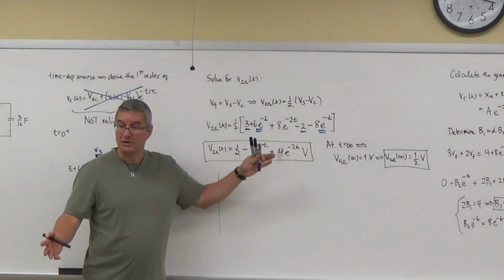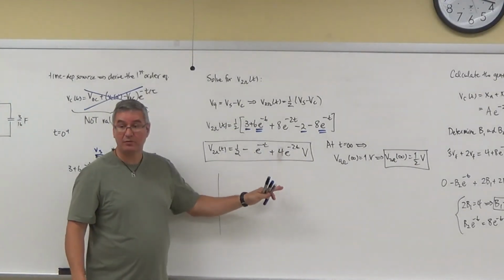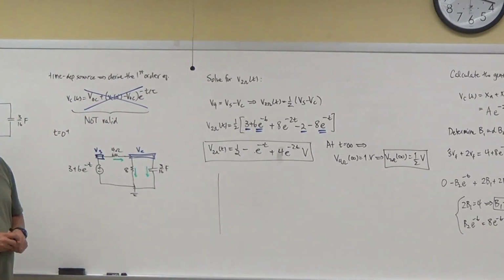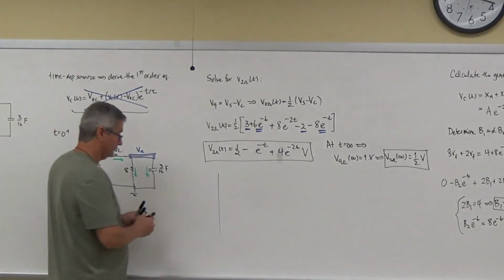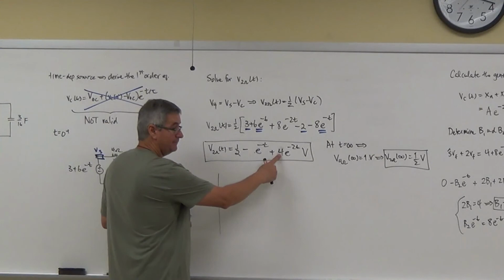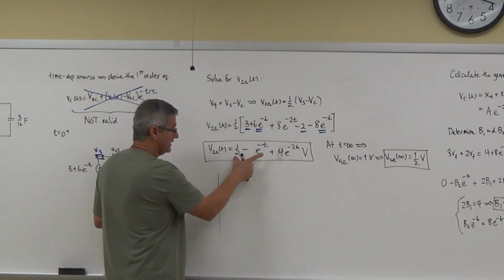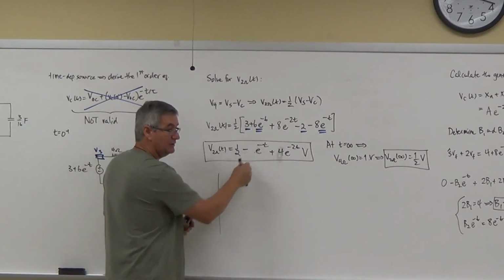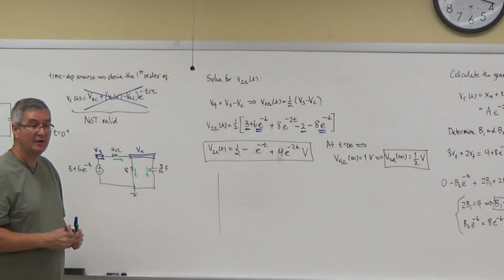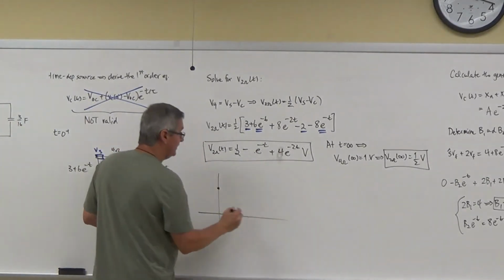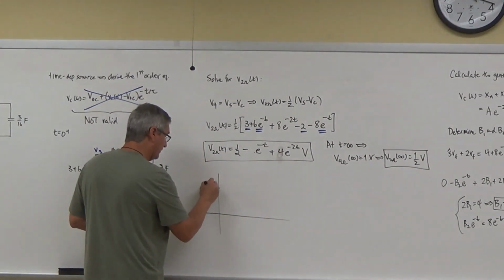That's good. So we know it's got to go to half a volt. The question is, what is it at t equal to 0? At t equal to 0, this is 4, and then that's a half, so that's 4.5, and then I'm going to subtract 1, so that gives me 3.5. So at t equal to 0, this guy is at 3.5 volts.